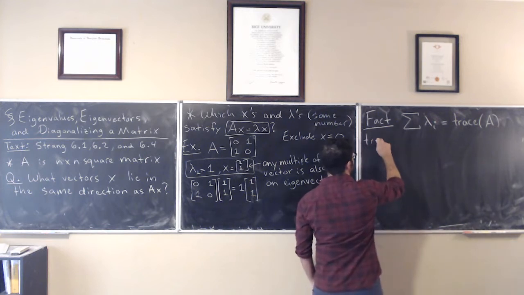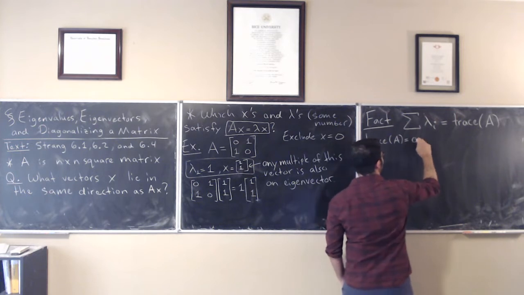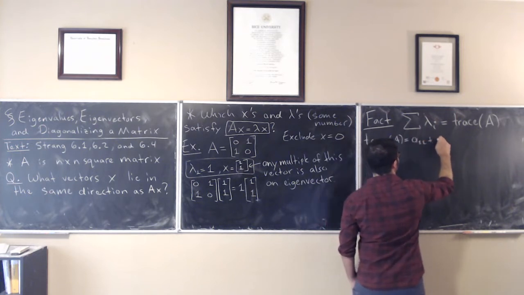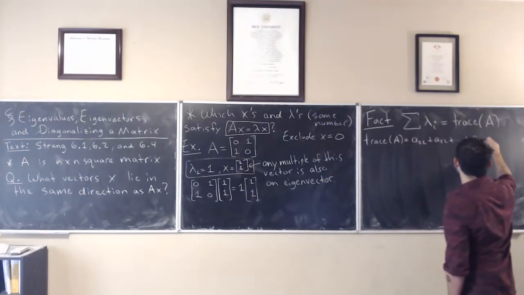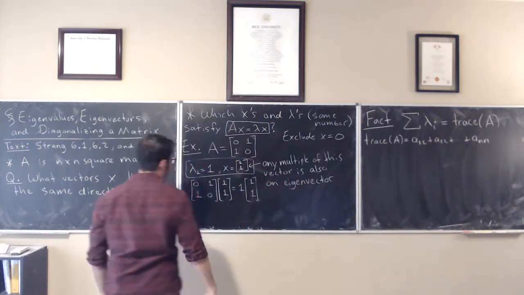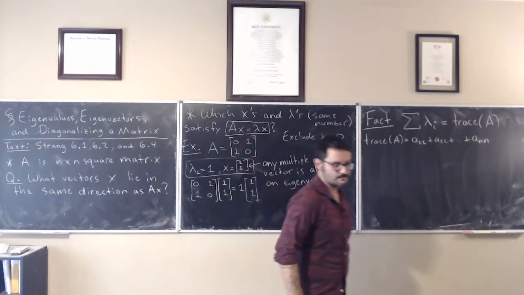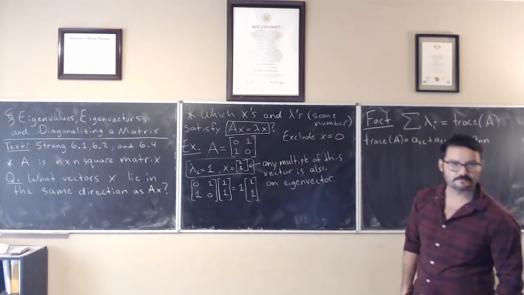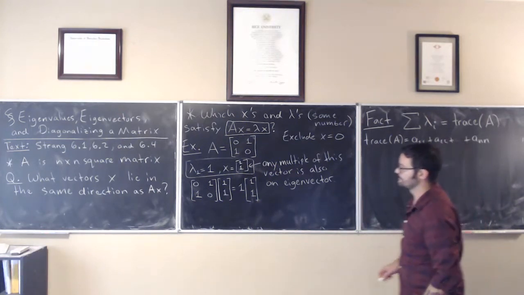The trace of A is just equal to A1,1 plus A2,2 plus and so on up to Ann. So what's the trace of this matrix here? 0, right?